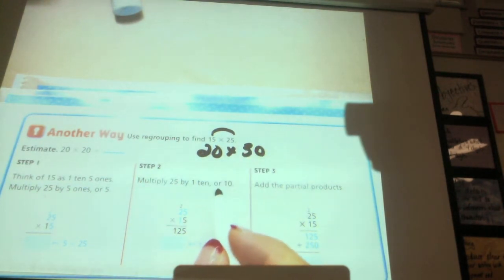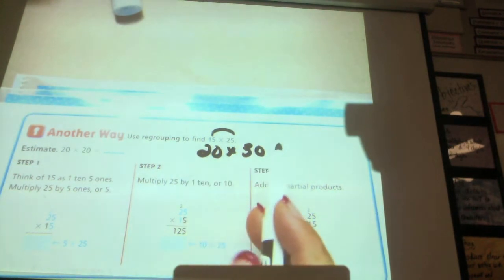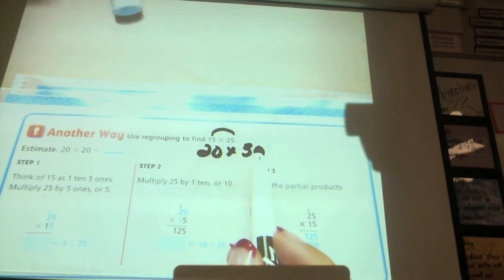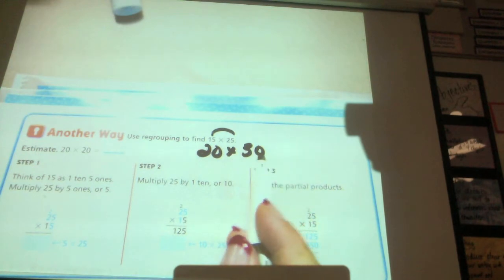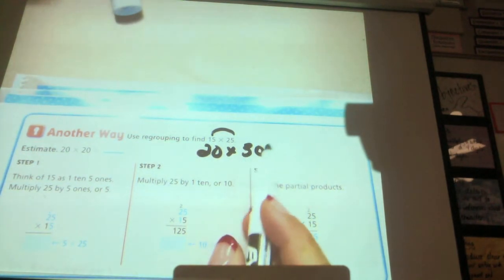But you can estimate thinking, well, this one, 5 is that midpoint, remember? So you can round one up and round one down and get a closer estimate of the actual answer. If you're rounding them both up, your answer is going to be way overestimated. Do you understand that?